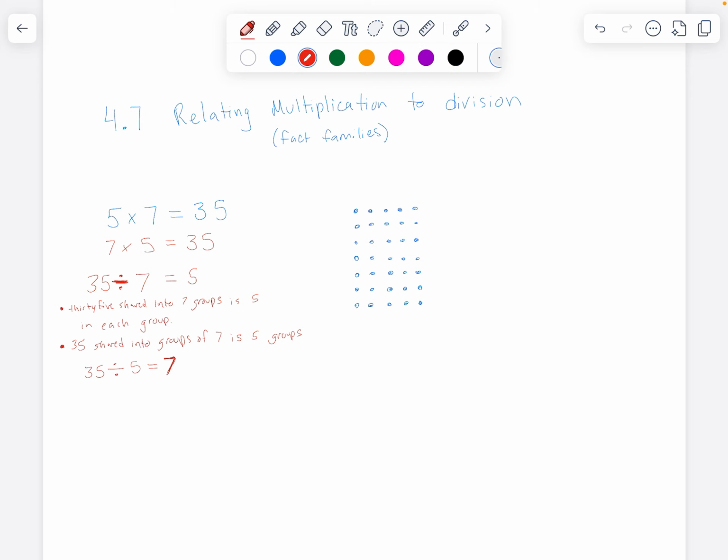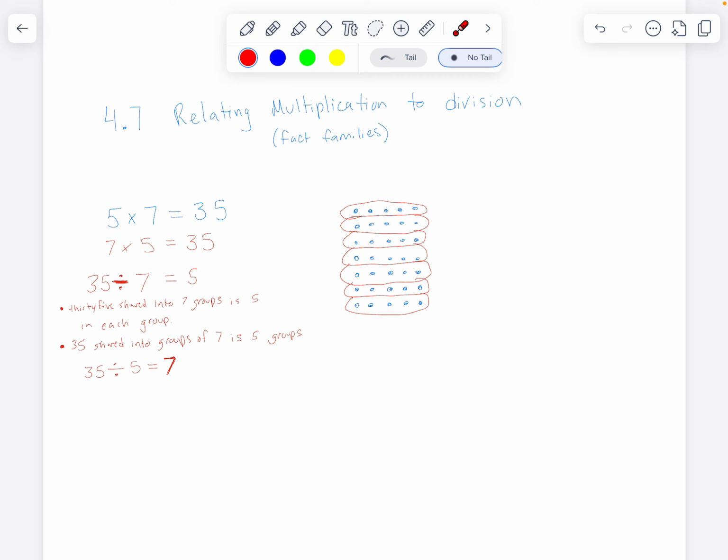Okay? I could think of this as 35 shared into groups of 5. These are groups of 5. So I'm taking 35 and sharing it into groups of 5, and then how many groups are there? Well, there's 1, 2, 3, 4, 5, 6, 7.